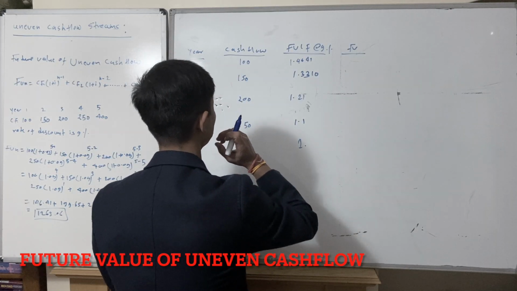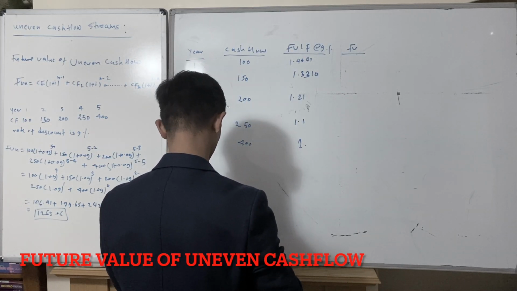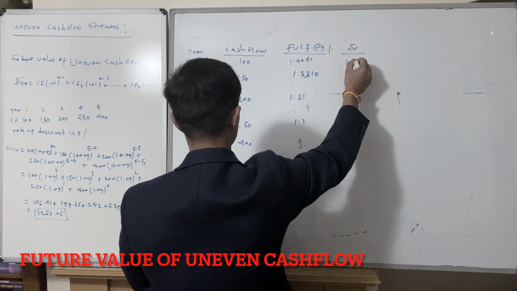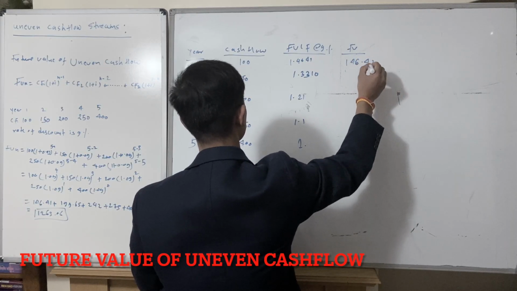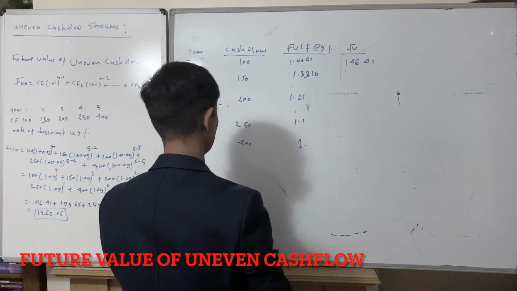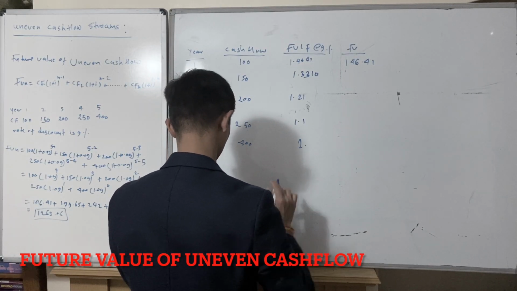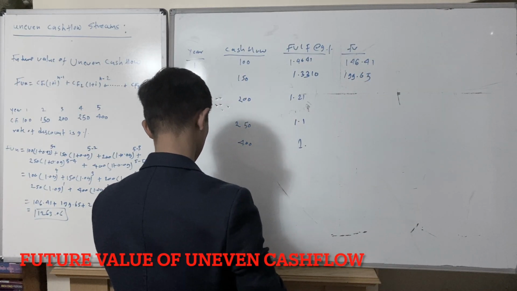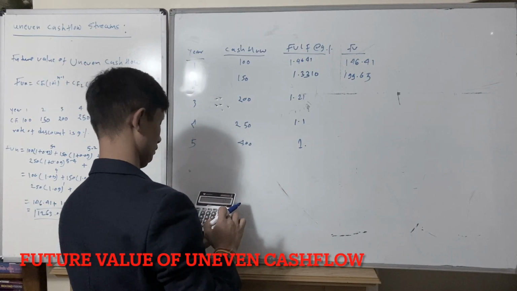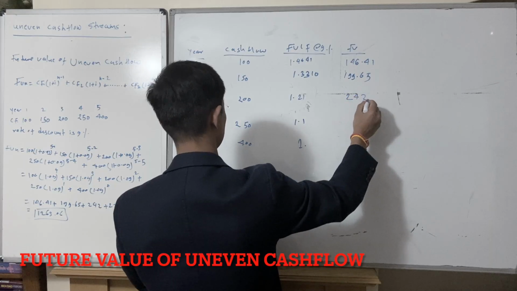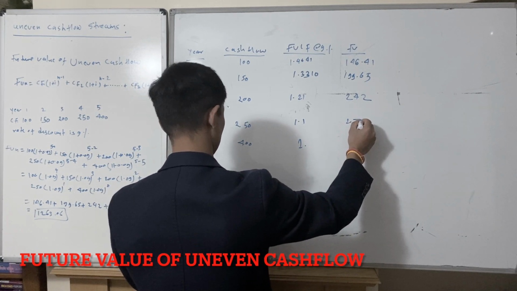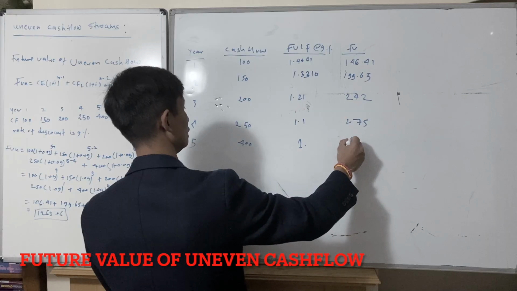Now let's multiply this. 100 multiplied by 1.4641 is 146.41, then 150 multiplied by 1.331, we get 199.65. 200 multiplied by 1.21 is 242, 250 multiplied by 1.1 is 275, then 400 multiplied by 1 is 400.